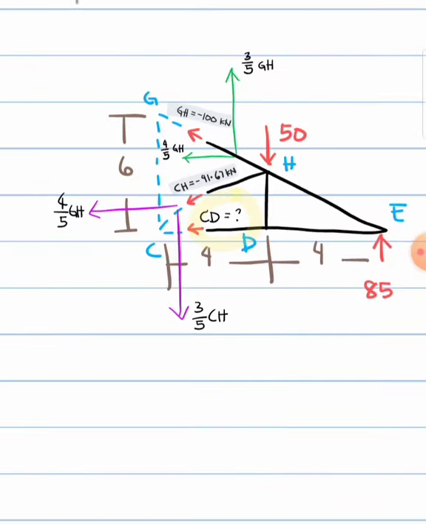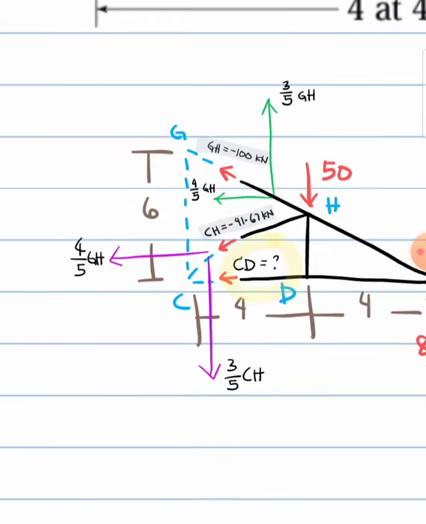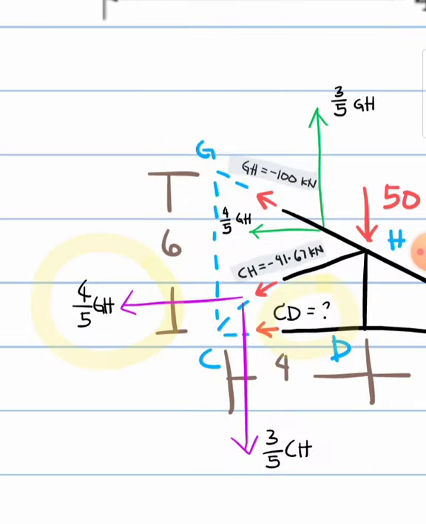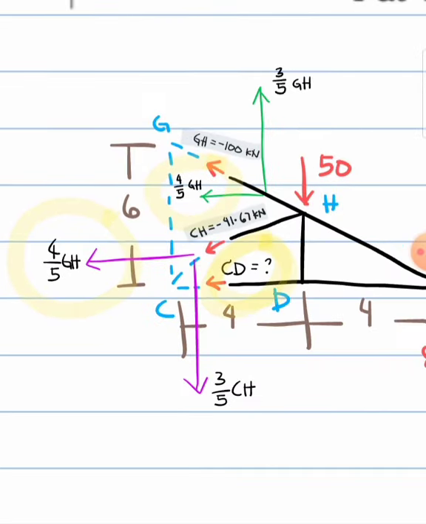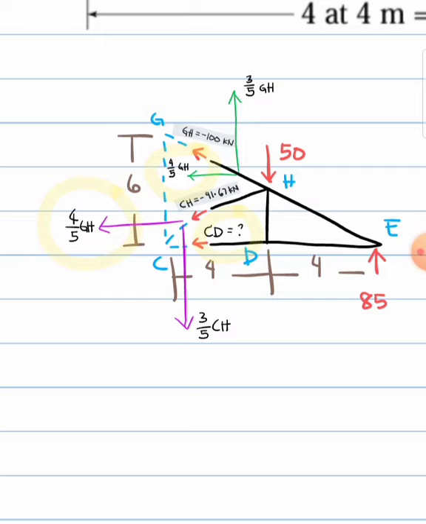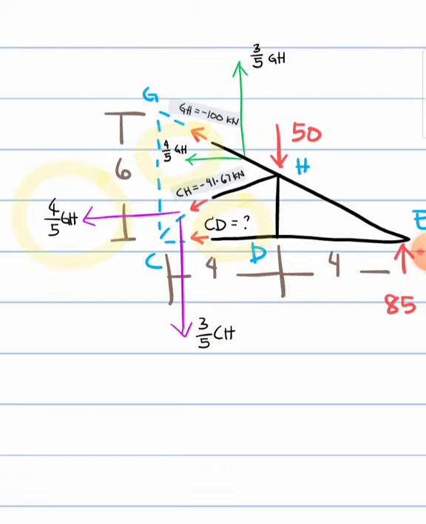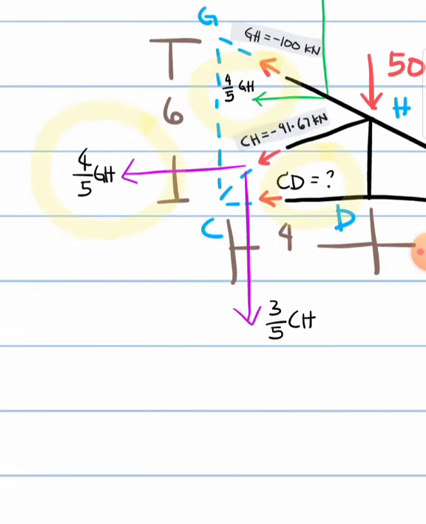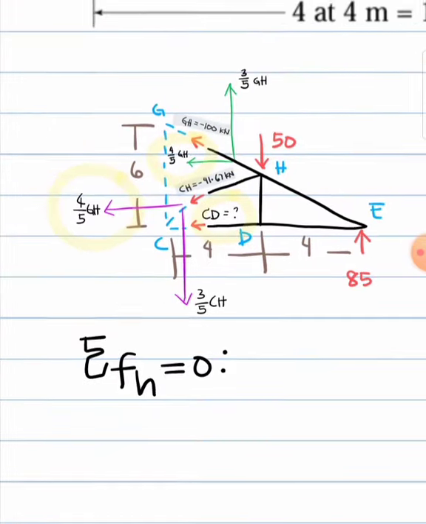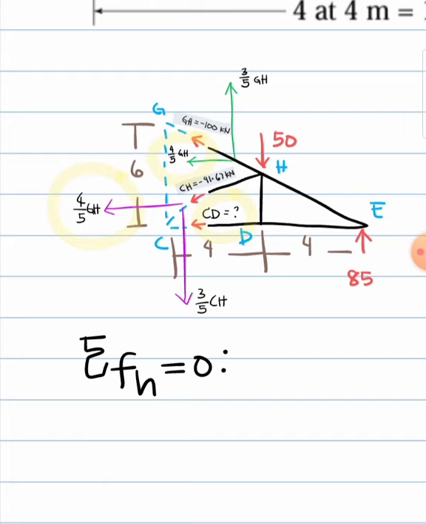So if we sum all the horizontal forces here, then all the forces that go horizontally here is just this force, and CD. Do you see any other? I think there's none. There's no other aside from this 3 because this 85 is vertical, this 50 is vertical, and all of these are vertical. So if we sum all the forces in the horizontal direction and equate it to 0, there's no movement horizontally.